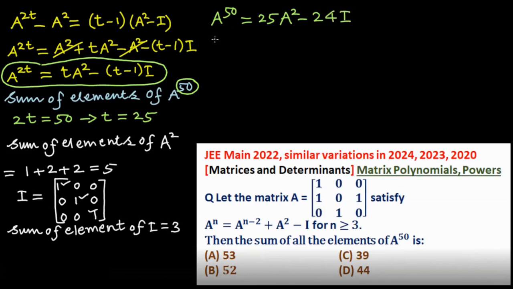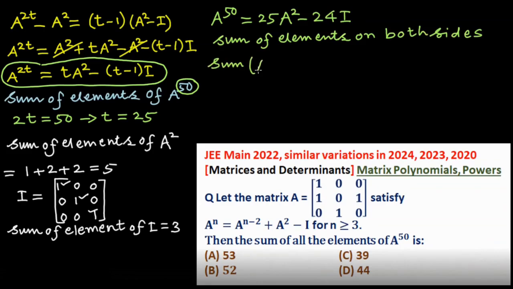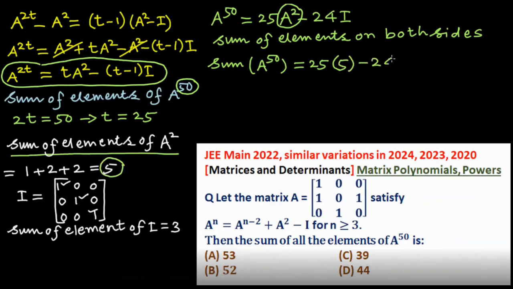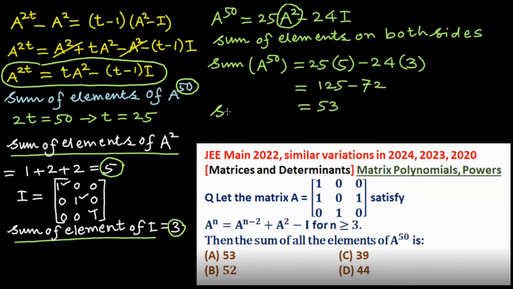Now taking the sum of elements of matrices on both sides of the equation, the sum of elements of matrix A power 50 will be equal to 25 into the sum of elements of A square here, which is 5, minus 24 into the sum of elements of identity matrix I, which is 3 here. 125 minus 72 gives 53, and this is the sum of elements of matrix A power 50.